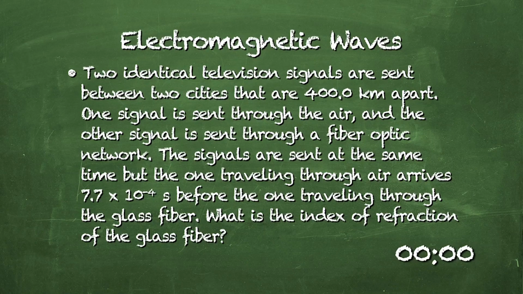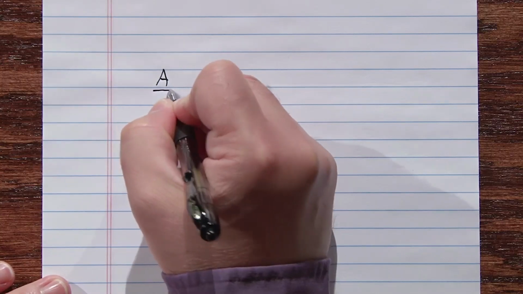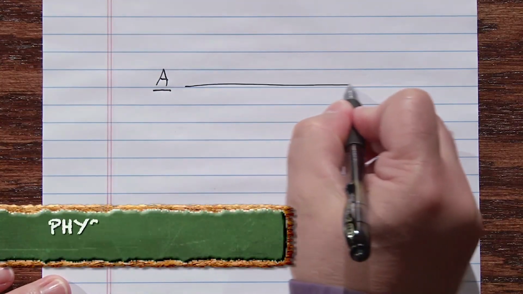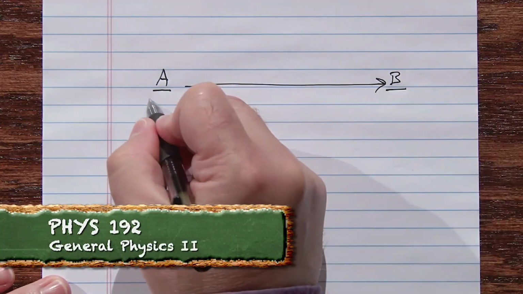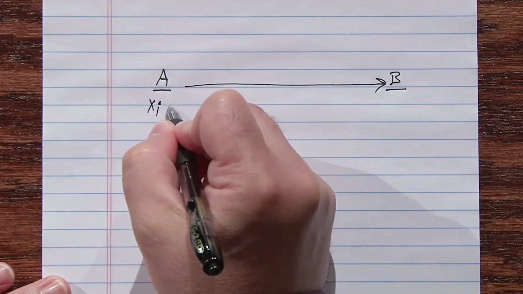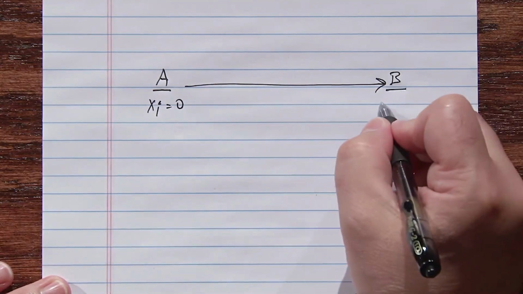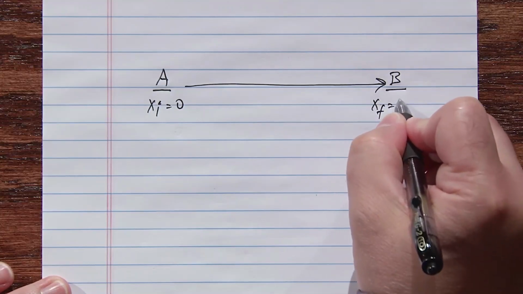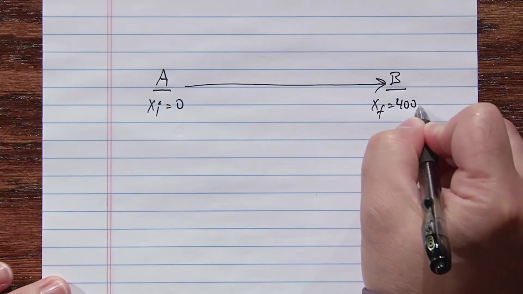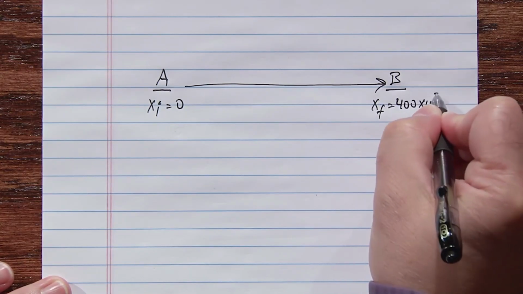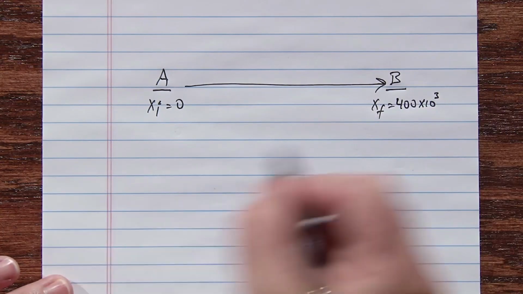Okay, here we have city A and city B. City A we'll call x equal to 0. City B is 400 kilometers away, so that'd be 400 times 10 to the 3rd meters.